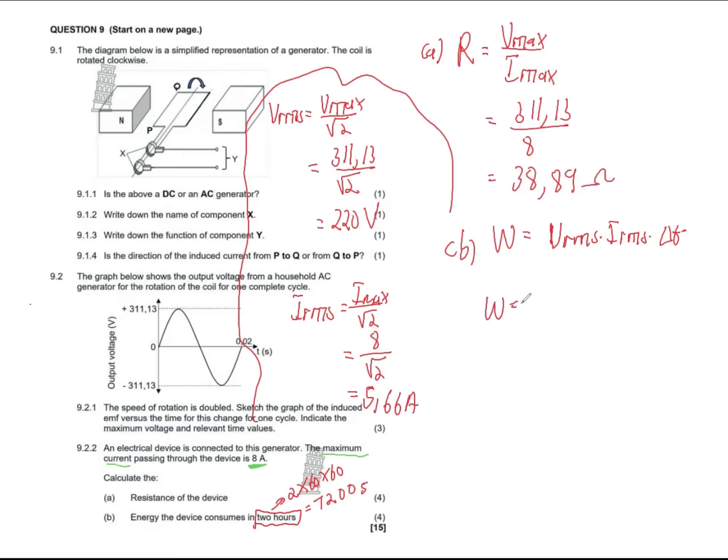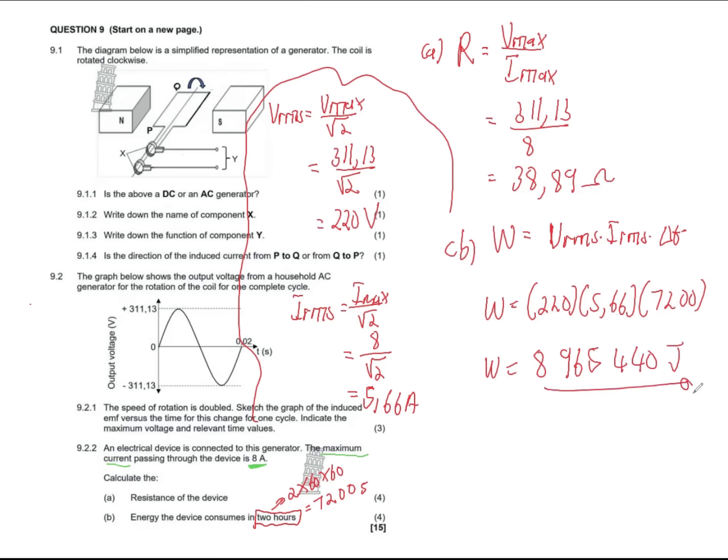Then let's calculate the energy. 220 multiplied by 5.66 multiplied by 7,200. So what is the energy now? That is 8,965,440 joules. Nice. Okay, so there we go.